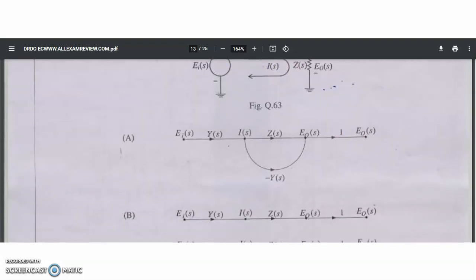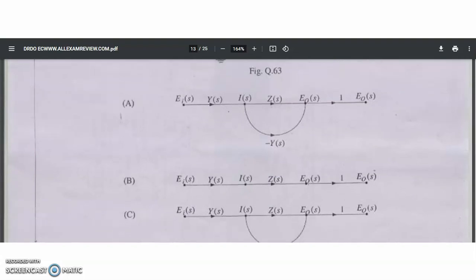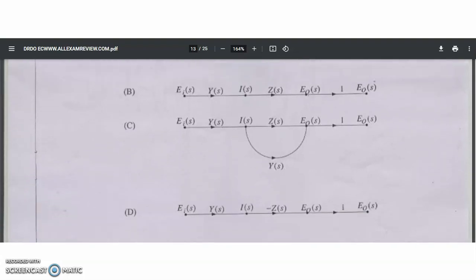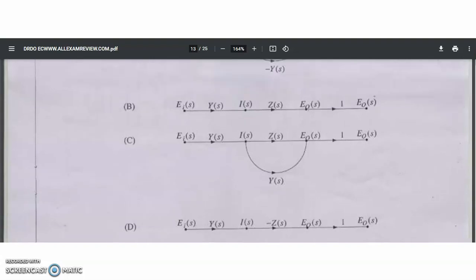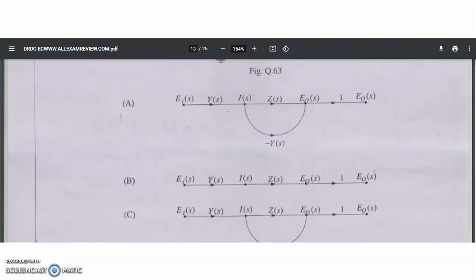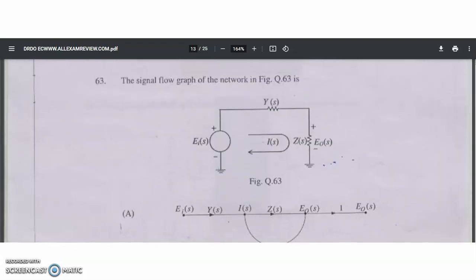Please make a note: A, B, C. Pause the video and make a note of this, and then option D is given like this. Out of all these four options, which one is the signal flow graph for the given circuit?